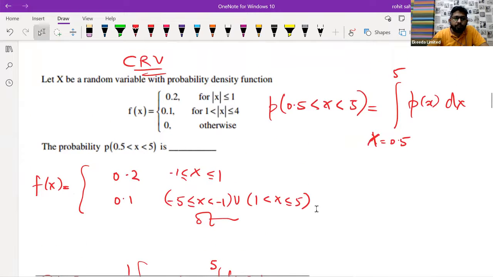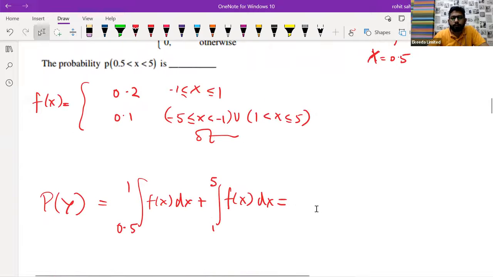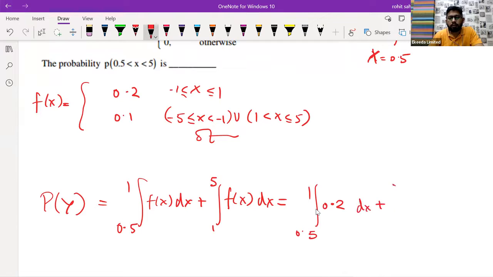So the first case is 0.2, the second case is 0.1. 0.2 from 0.5 to 1, and 0.1, 1 to 5 dx.